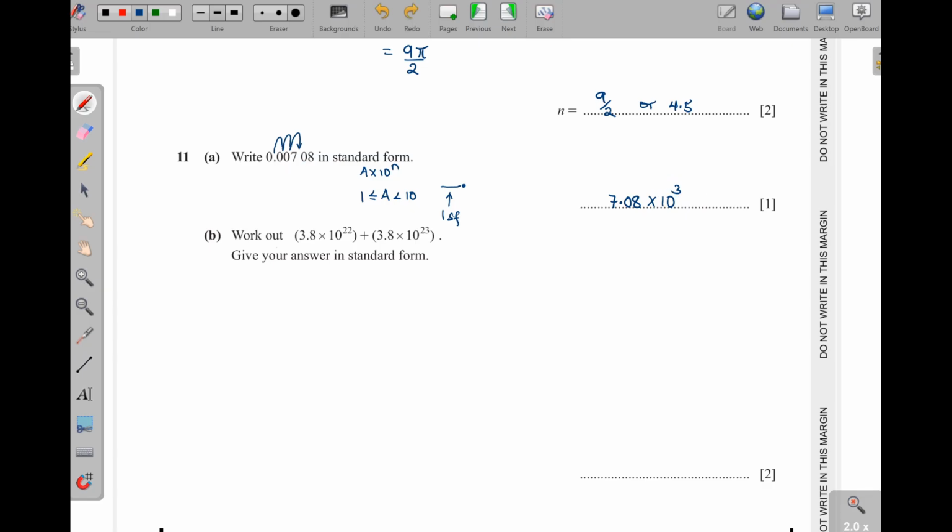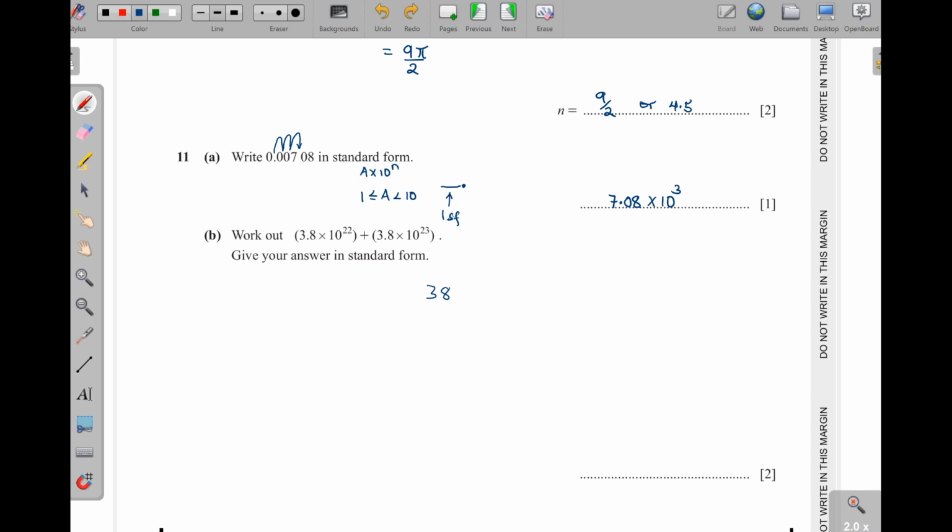Okay, then when we come to this one here, we are supposed to give the answer in standard form. You are not supposed to change this one to an ordinary number. You are not going to write 38, then 22 zeros, and then here you write 38 and then 21 zeros. It will be wastage of time.